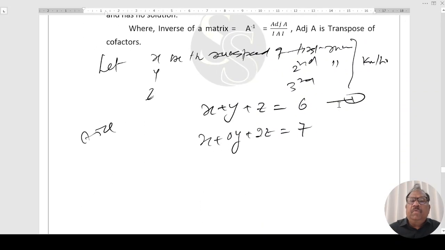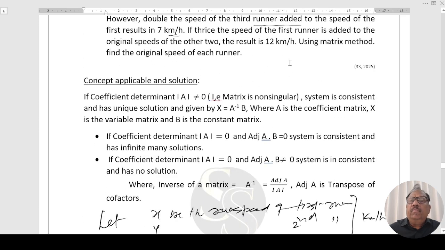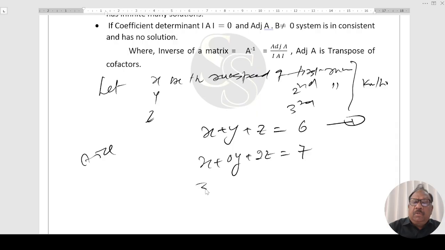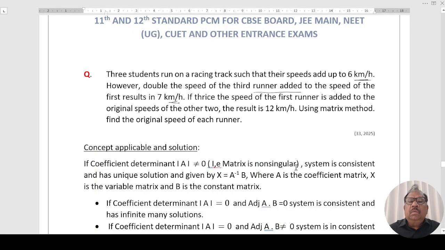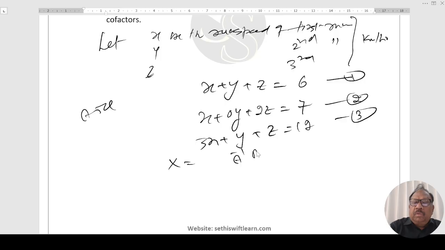And thrice the speed of the first added to the other two: 3x plus y plus z comes out to be 12 km per hour. This is equation 2, this is equation 3. What is the matrix method? Matrix method is X equal to A inverse B. X is the variable matrix.